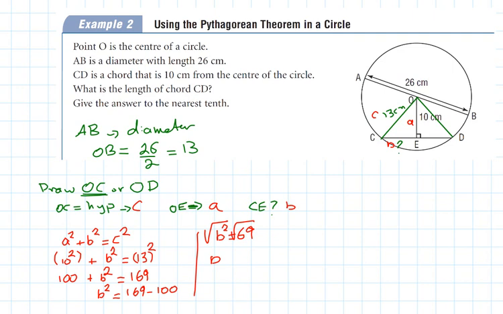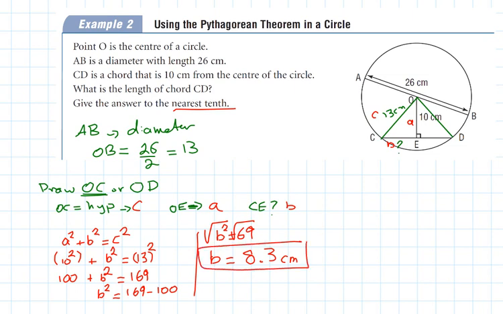So B is going to be 8 point what? Square root of 69 is 8.306, whatever. So that rounds to the nearest tenth, and we have 8.3 centimeters.